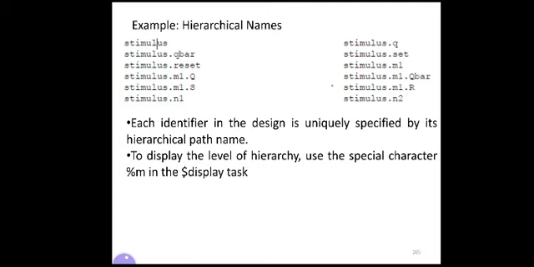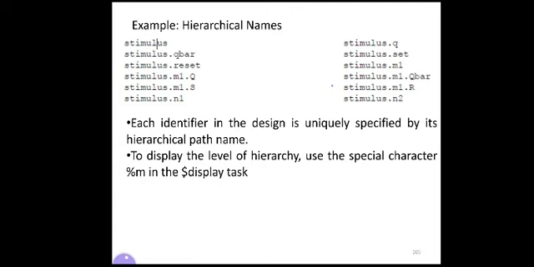Now observe, if you want to name NAND gate N1 or NAND gate N2, they are under M1 and M1 is under stimulus. That's why the hierarchical naming reference for N1 and N2 will be stimulus dot M1 dot N1 and stimulus dot M1 dot N2.